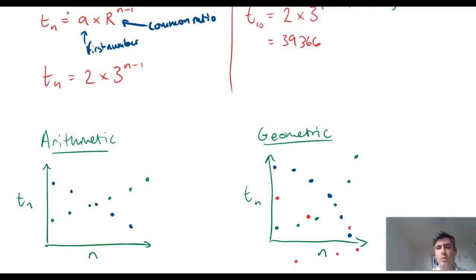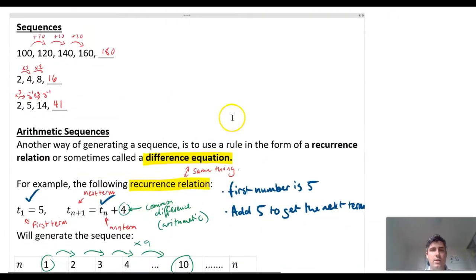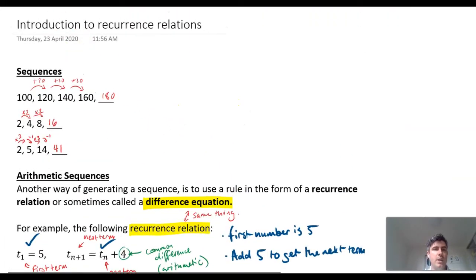So they will vary, but generally they are non-linear, okay, versus linear, and that's because it's not being multiplied, it's just going up by a fixed amount. So that's an introduction to the different kinds of recurrence relations. Hopefully that helps recap on Year 11 work.